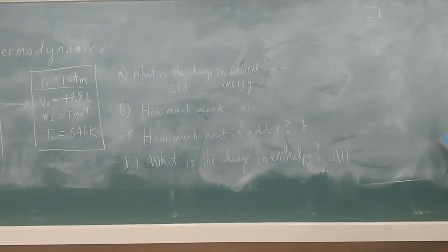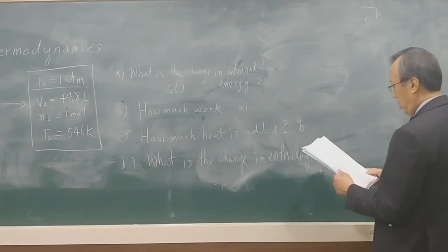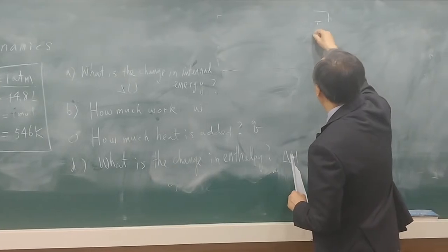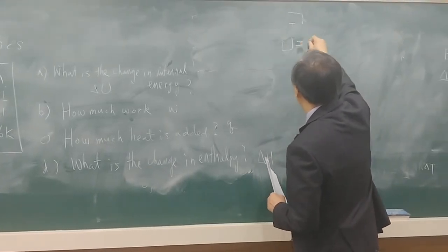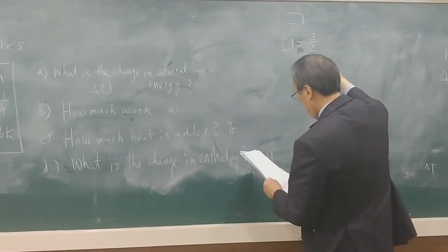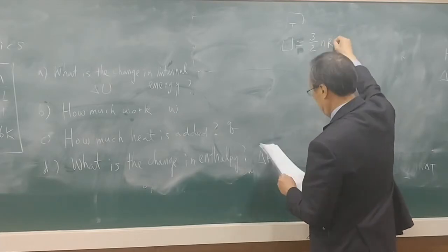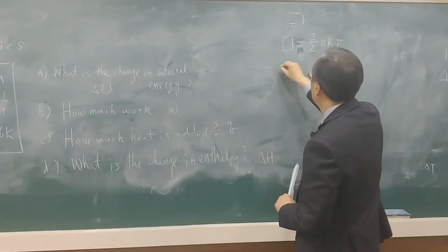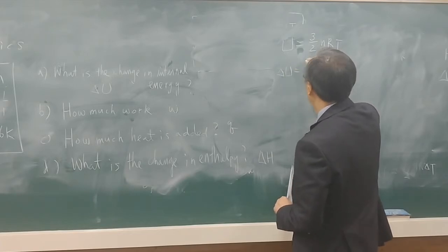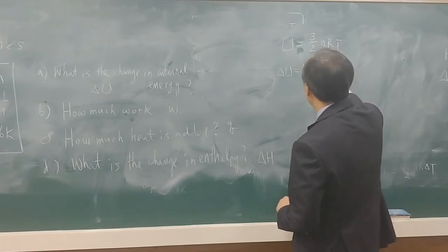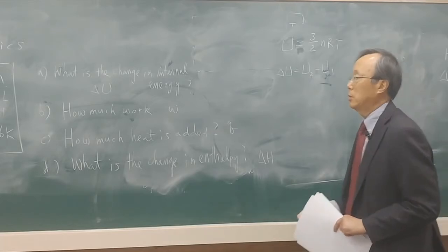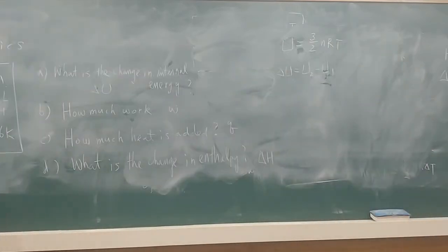So what is the change in internal energy? We have U equal 3/2 nRT. So delta U equal U2 minus U1. This is state 1, state 2.